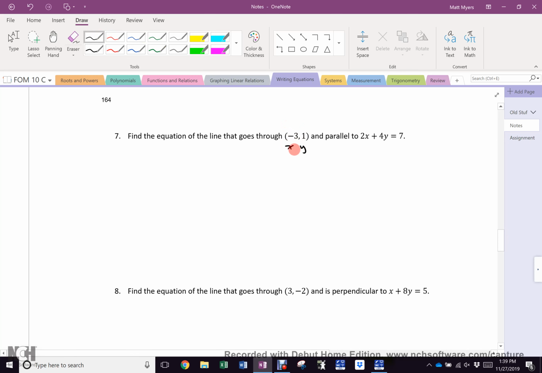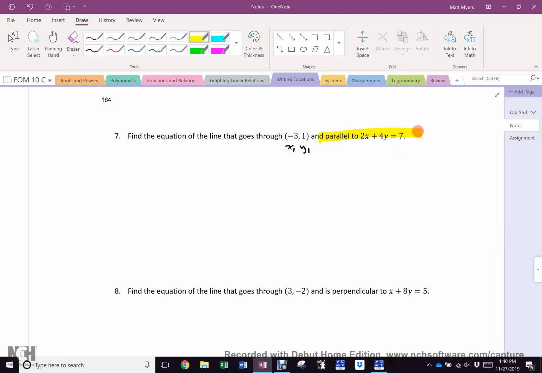Now in point-slope form, that's the x1 and the y1, right? But what's missing now? The slope. But I know that the slope is going to be parallel to this guy. Does that tell me the slope right now, or do I have to find the slope?